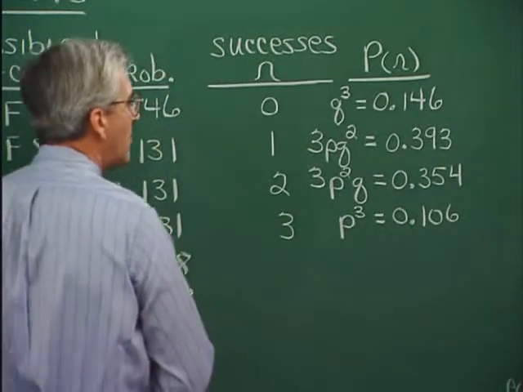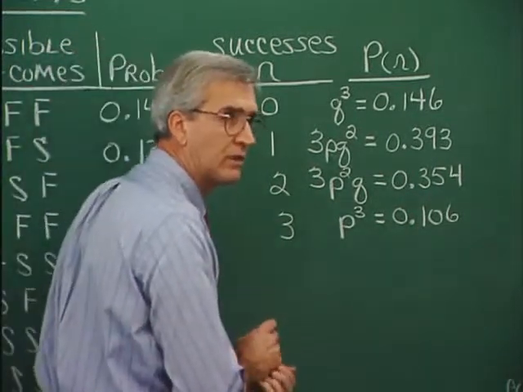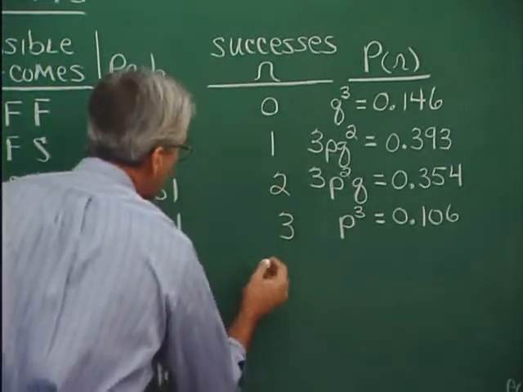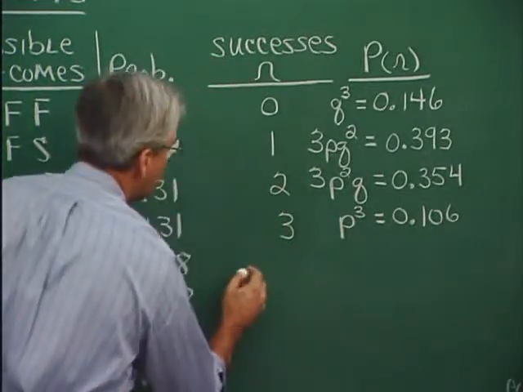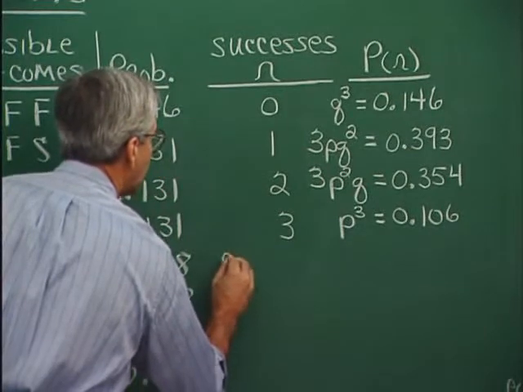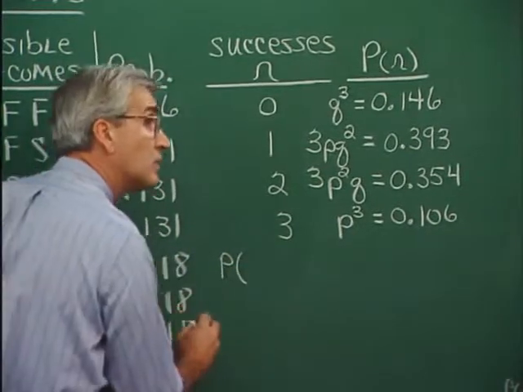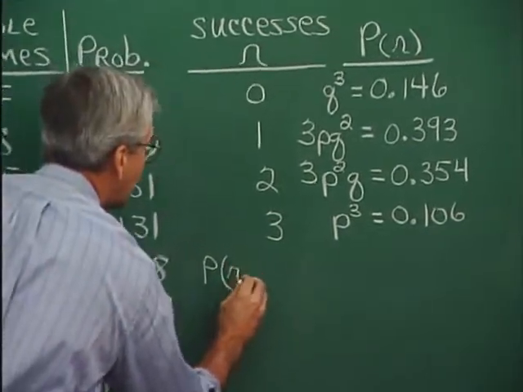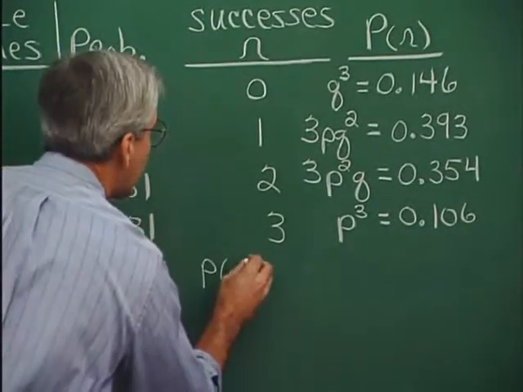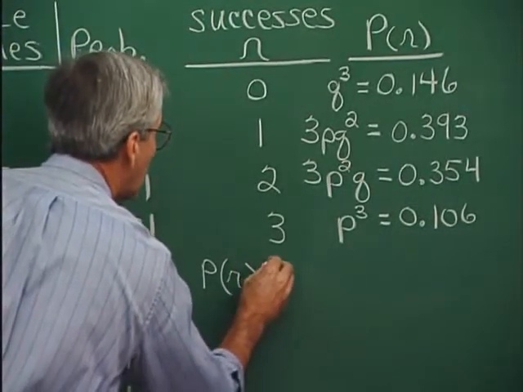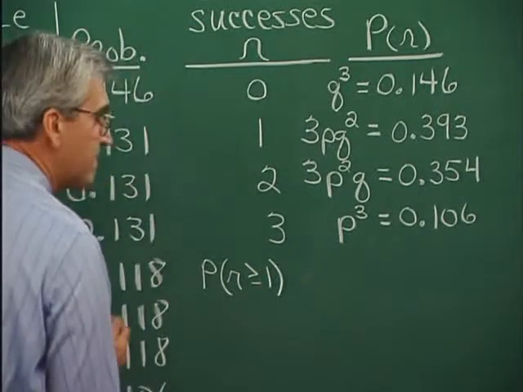How about the probability of at least one success? Okay, the notation for something like that is this. The probability for at least one success would be the probability that R, the number of successes, is greater than or equal to 1, at least 1.